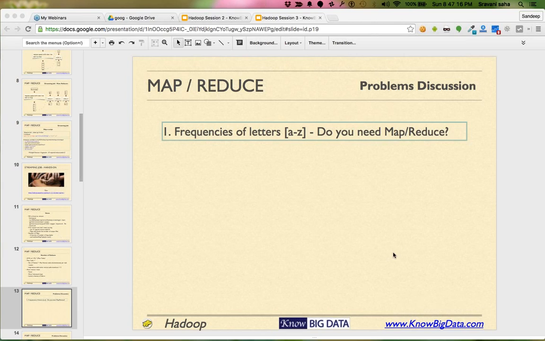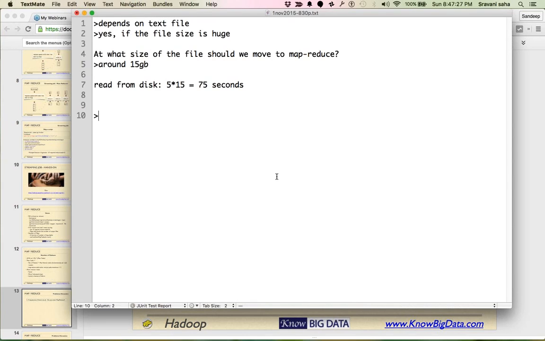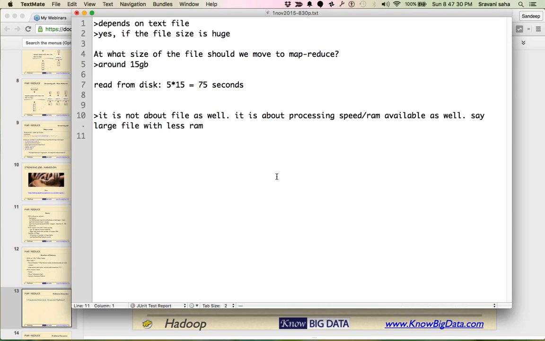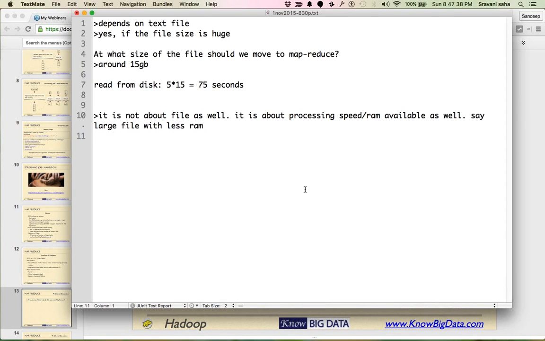All right. Pavan says more than 100 gigabytes. Ganpati says that it is about the RAM. I would say this particular problem does not revolve around the RAM because you don't have to read the whole file into memory to compute the frequencies of letters.